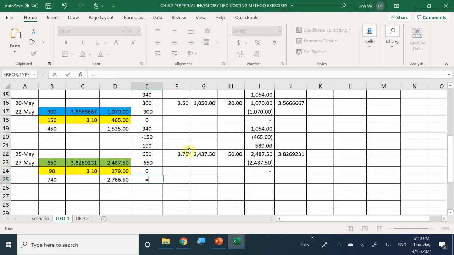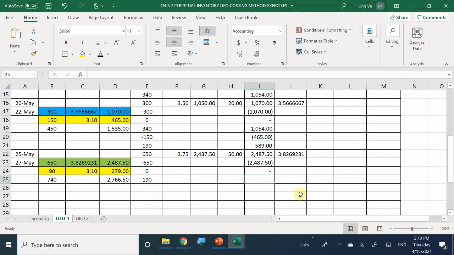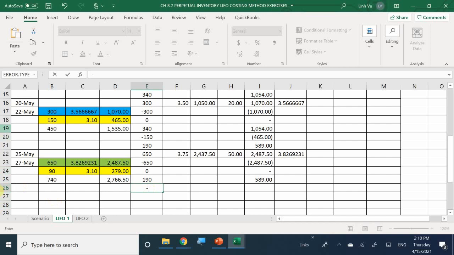All right. So, just for calculation measures, I'm going to pull my information from above because I know I should have 190 left at $3.10, right? That's what I began with. And I'm going to subtract out 90. So if I started with 190, and I subtracted 90, how much should I have left?